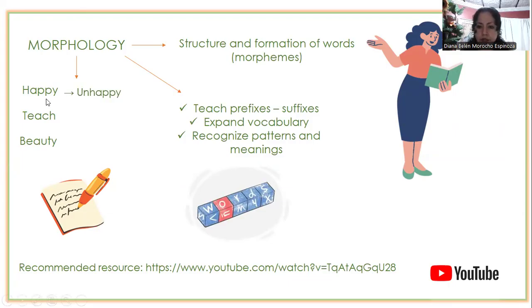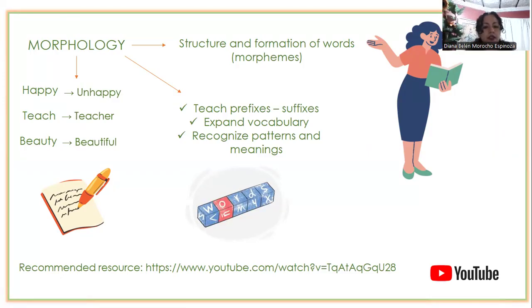Happy, unhappy, positive to negative. Then to the word teach, just adding the suffix "er" turns the verb teach into a noun, indicating the person who acts, okay? And in the last one, beauty, just adding the suffix "ful" changed the noun beauty into an adjective, describing something that has the quality of beauty, okay?